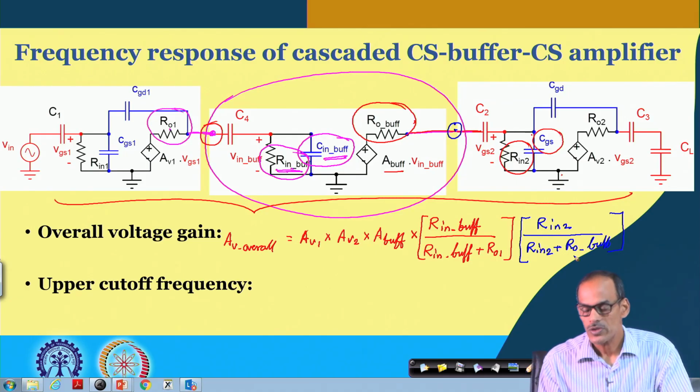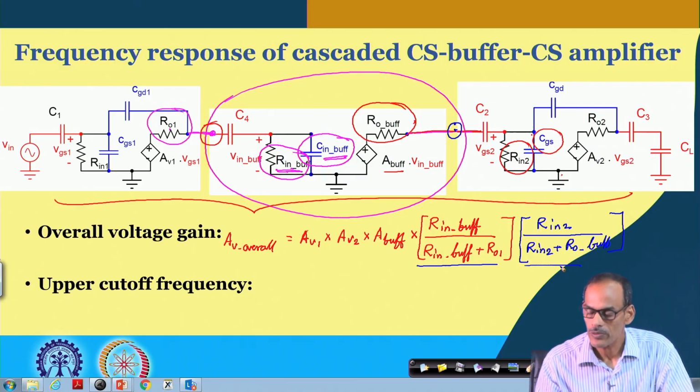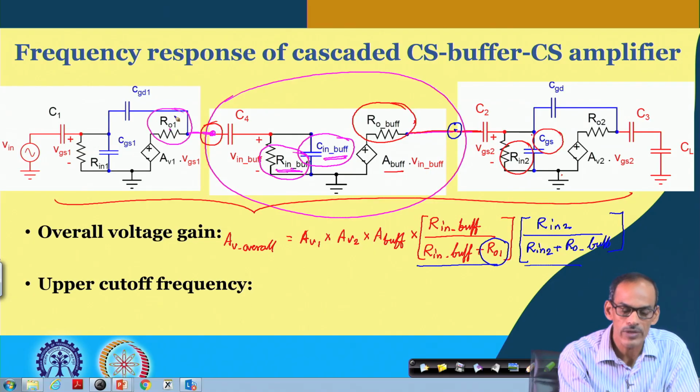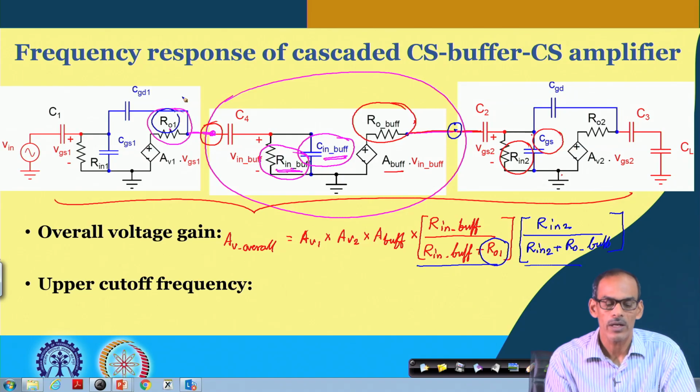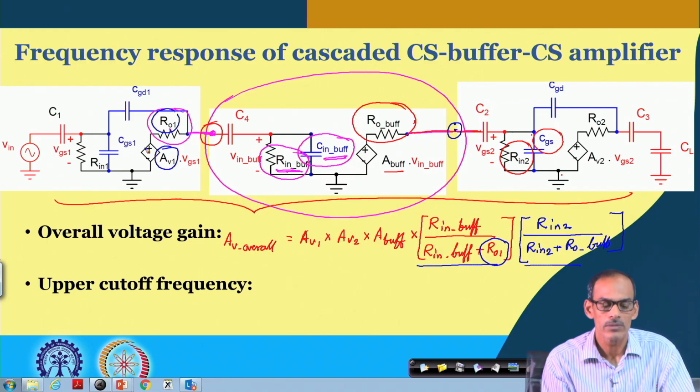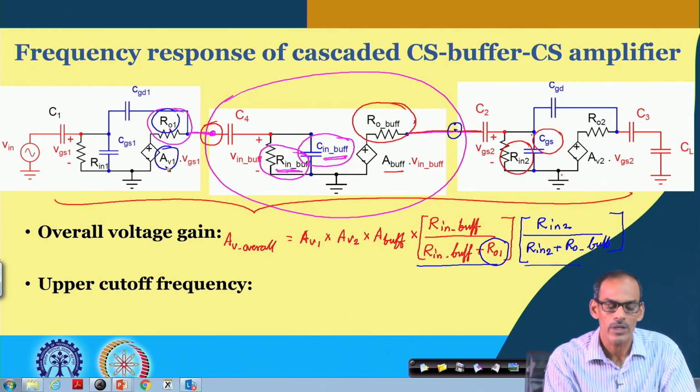Okay. So, first of all, to get rid of the effect of these two factors, what can we do? We are not allowed to change this original R O 1, because if I try to change this R O 1, which is coming from the R D 1, that will directly affect the A V 1.